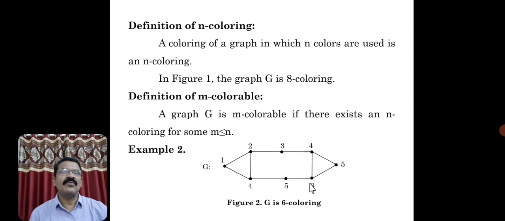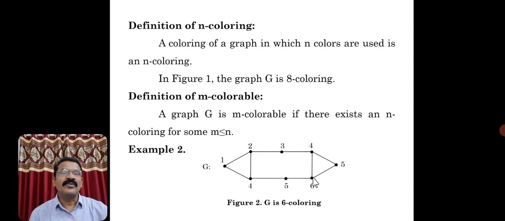Like that, these two are adjacent, that's why I cannot use 5. I cannot use 4 also. For this vertex, I cannot use 4, I cannot use 5, but I can use 6. Okay, so now for this vertex, you may color with the 7th color. But what I did, I am trying to minimize the number of colors.